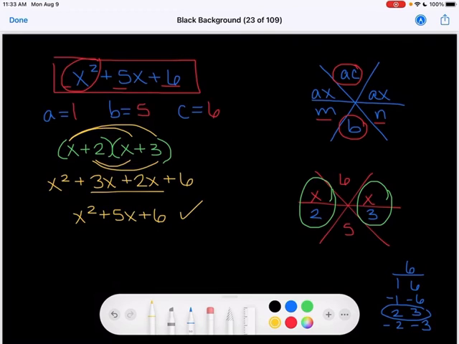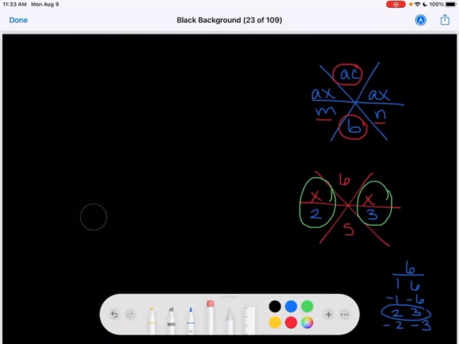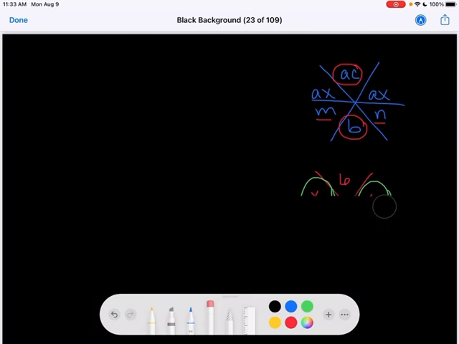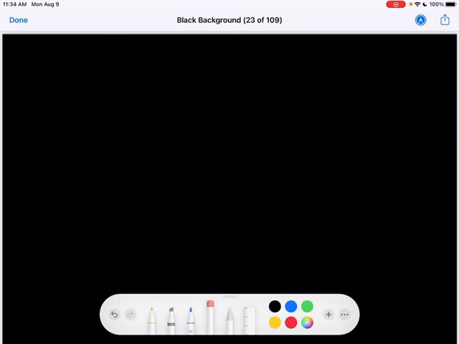All right, let me do one more example. Again, we're asked to factor here, so you should always look for a GCF. Doesn't mean there's going to be one. So let's say we have negative 2x squared plus 8x minus 6. Well, automatically I see that all of those numbers are divisible by 2.